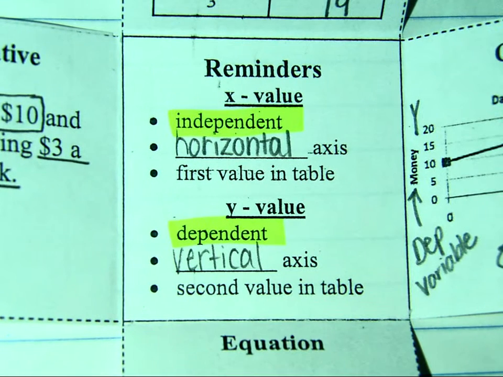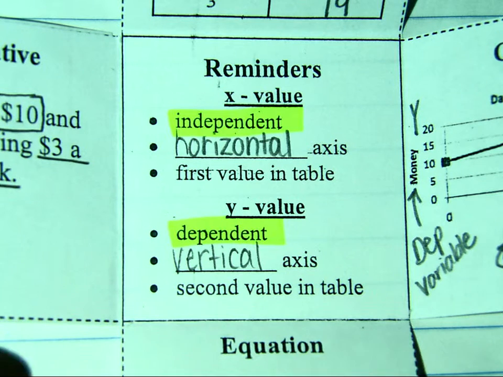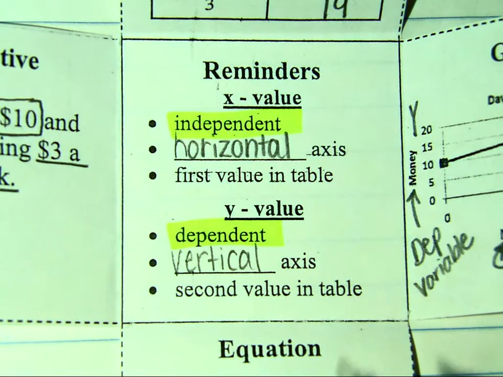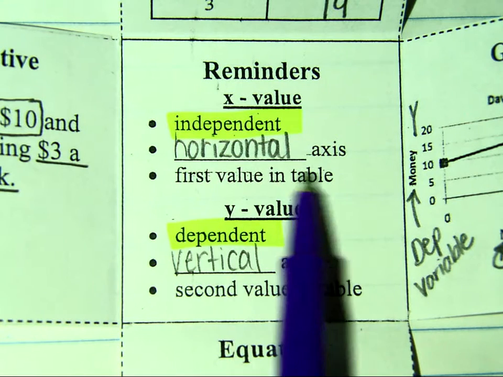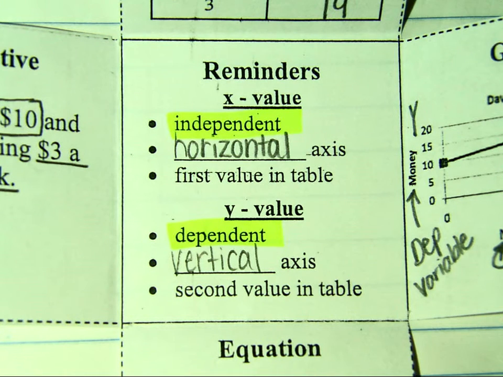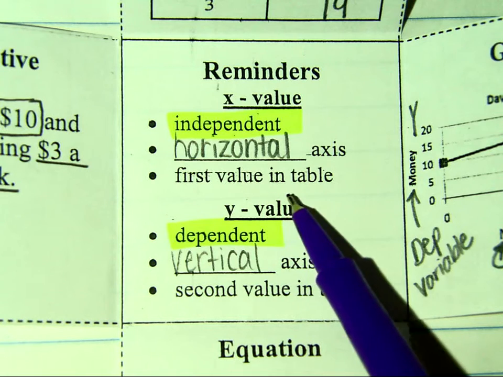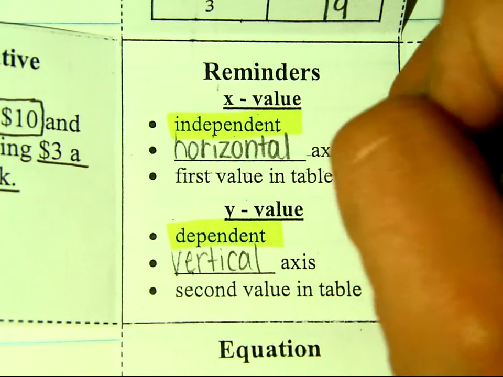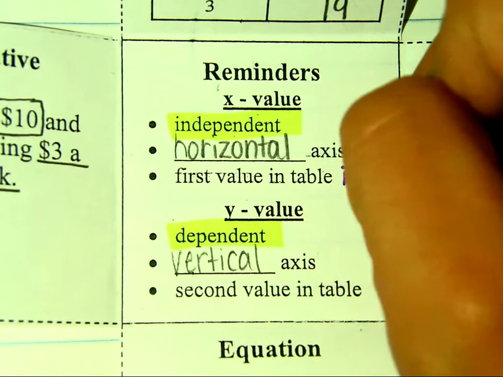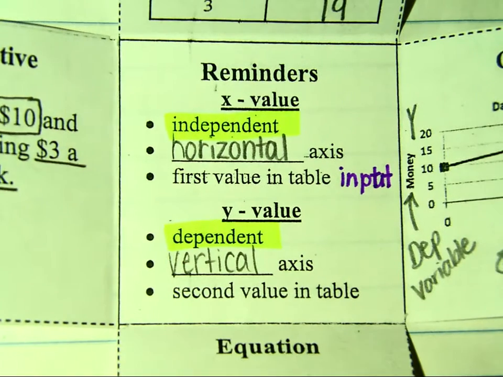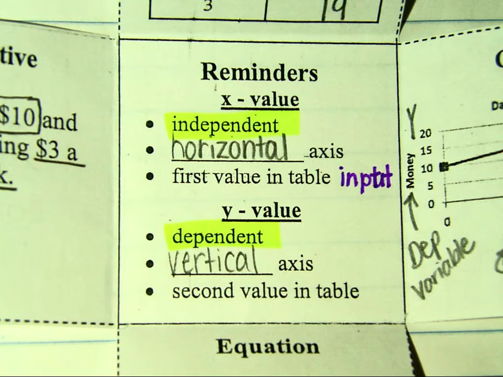And so some things to consider. Your x value is going to be your independent variable. When we look on a graph, it is on the horizontal, which is coming across the horizontal axis. It's the first value in a table, so it's your input value.